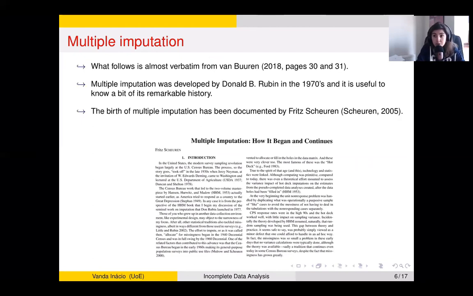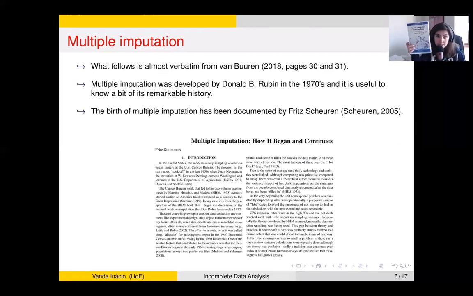I think it's important to understand the context and to know a little bit about it. This is basically almost copy and paste from the text in the book by Van Buuren, a book about multiple imputation. He is the author of the mice package, and we will be using the mice package in the next lectures.